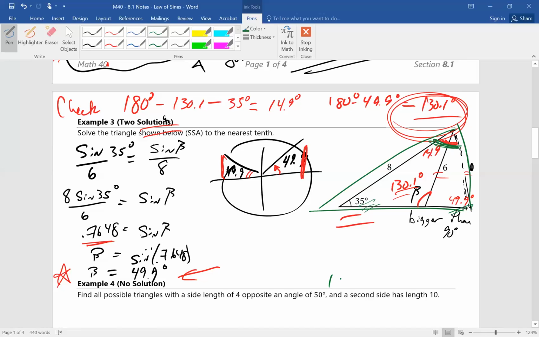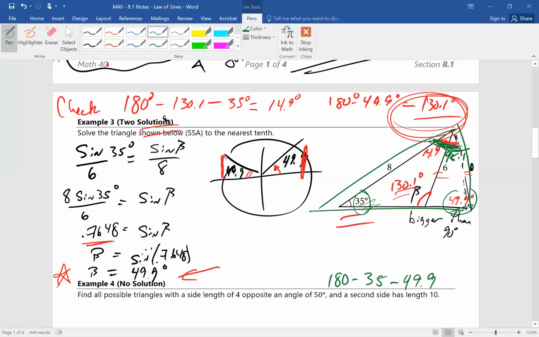So all you have to do is 180, minus the 35 here, minus 49.9, and excuse me while I try to jam this into my calculator. But what I'm getting is that this green angle here is then 95.1. So in this case, you have two solutions that satisfy the equation.